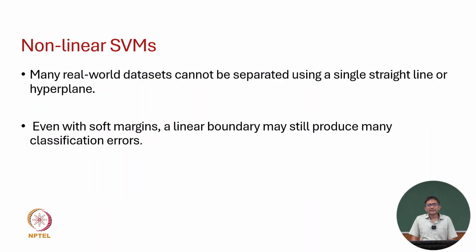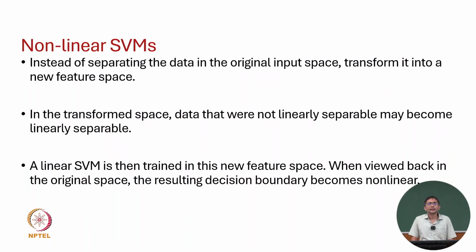In this case, we are saying that this particular data is not linearly separable. In such a case, one possibility is, instead of separating the data in the original input space, to transform it into a new feature space.